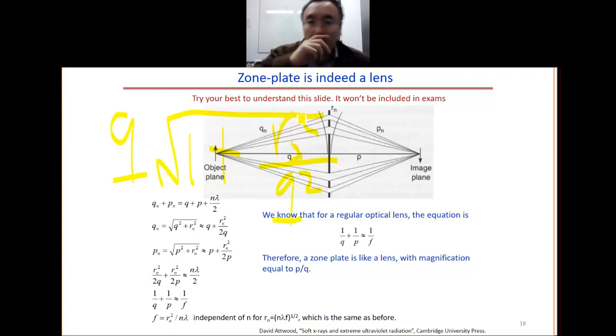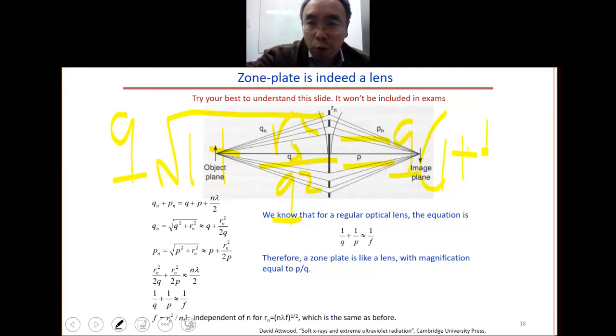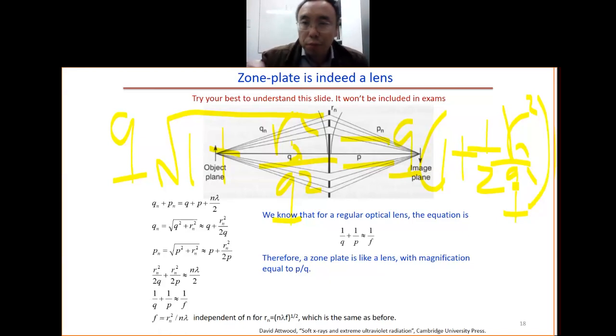How do we do this approximation? If the radius is much smaller than Q, so this term is much smaller, this equals Q times 1 plus 1 over 2 times Rn squared over Q squared.